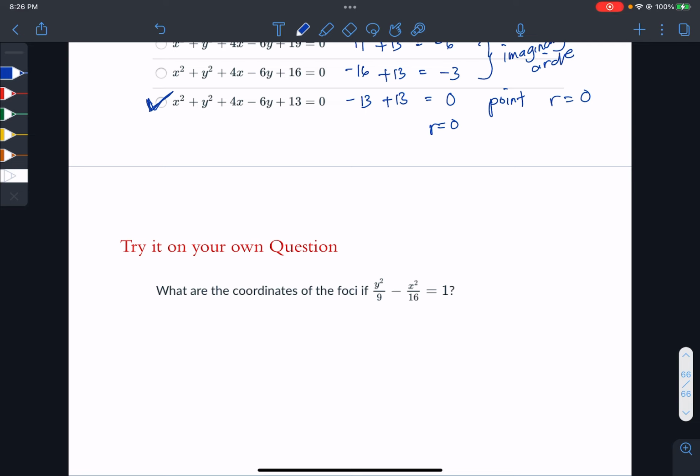So parang this is the same as y squared all over 3 squared minus x squared all over 4 squared is equal to 1. Kung ano yung positive, nandoon ang major axis. So, nasa y ang major axis natin.